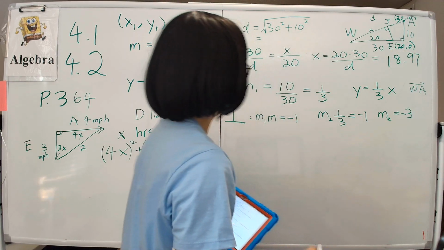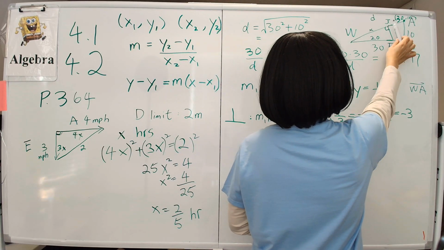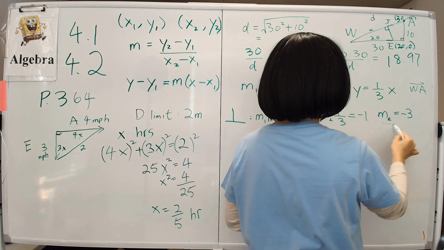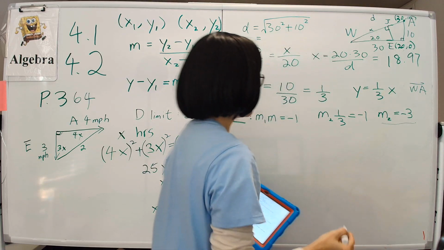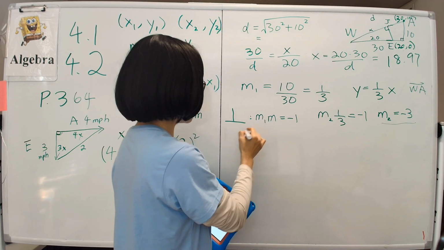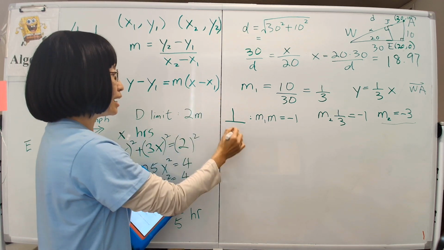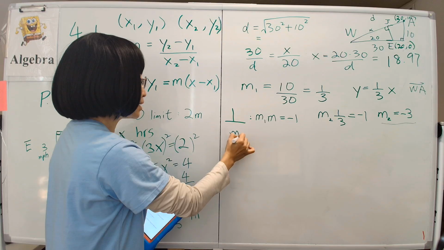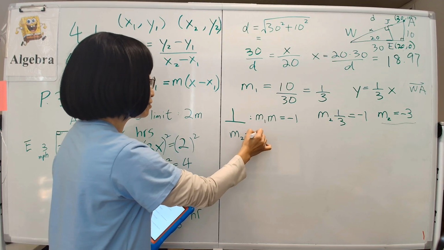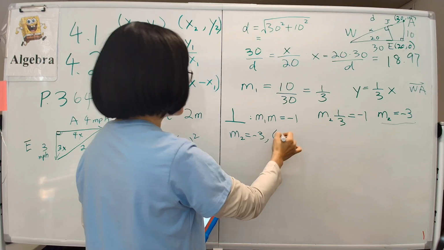The second line has the slope of -3, and it also goes through the point 20, 0. So let's do that, following this equation right here. To summarize, our line M has a slope equal to -3, and it goes through the point 20, 0.